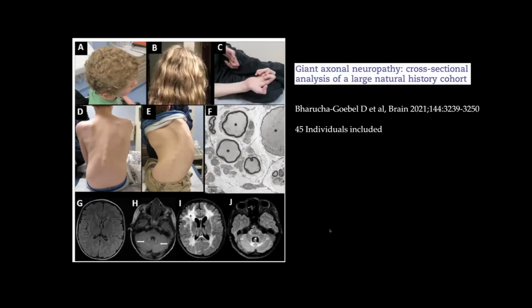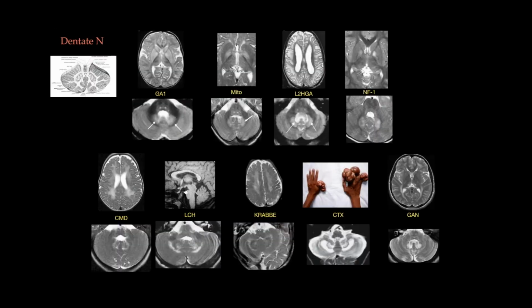There are a total of 45 individuals from recent literature reviews with giant axonal neuropathy. And just a note on the imaging differentials with dentate nucleus abnormalities. The more confluent abnormalities of the dentate nucleus can be seen in glutaric acidurias, mitochondrial disorders, and L2-hydroxyglutaric aciduria. Sometimes NF1 can be present in a symmetrical manner.